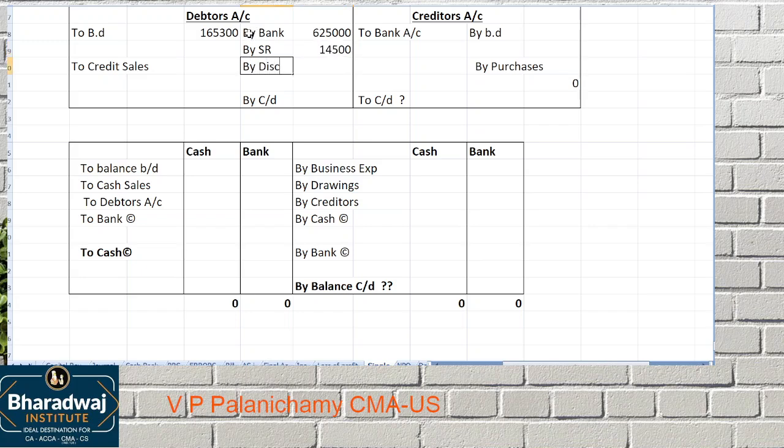By discounts, how much is given? 15,000. By bad debts, closing balance given in the question? Yes. 178,700 is given in the question. As a balancing figure, we get which one? Credit sales. What is the balance?